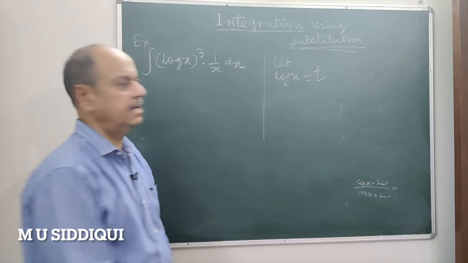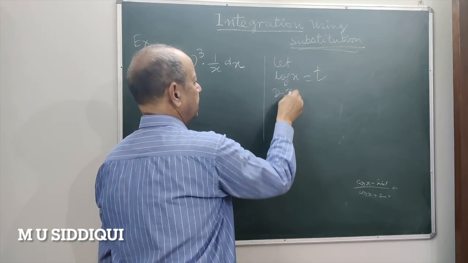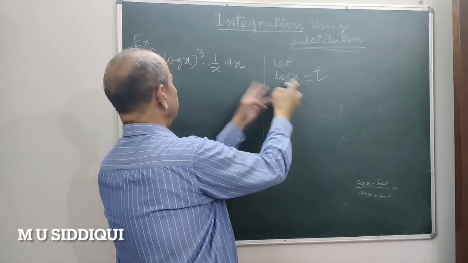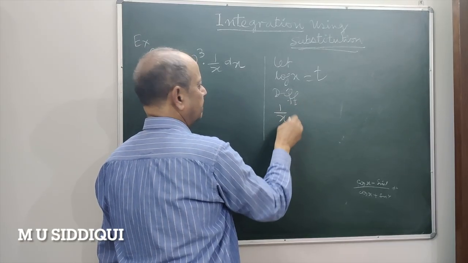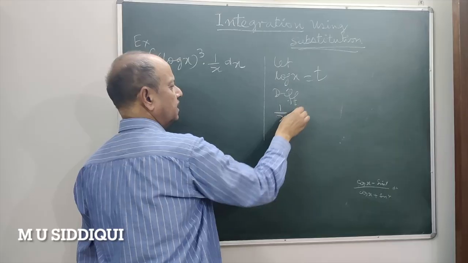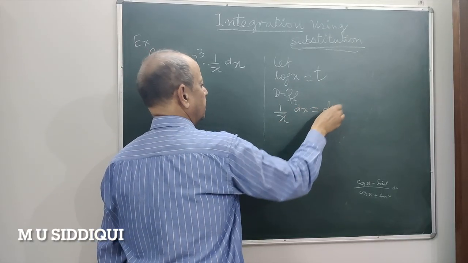We have to differentiate now, because we are trying to find its derivative which must be present here. So differentiating, when you differentiate log x, you get 1 upon x, with respect to x dt.